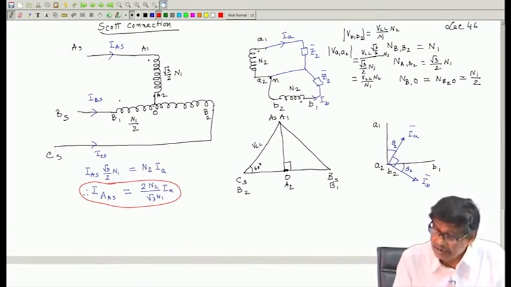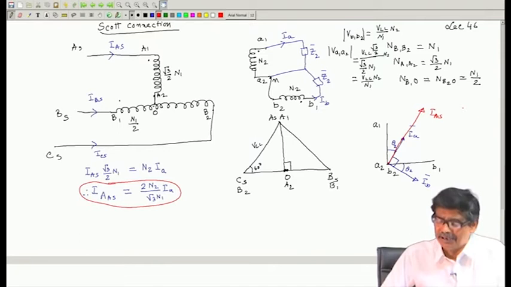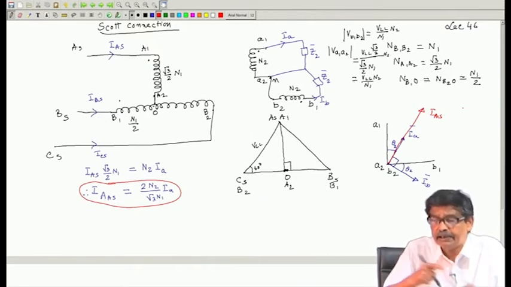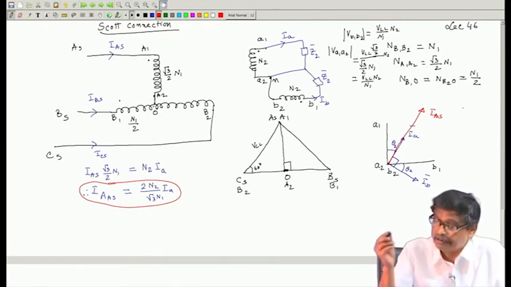We are using whatever we have learned from single phase transformers, be it operating as single phase, 3 phase, 2 phase, individually secondary and primary coil, the relationships must be maintained, that is there will be a reflected current and so on. So, this will be your I_AS.